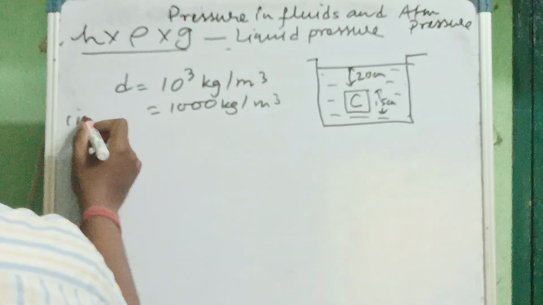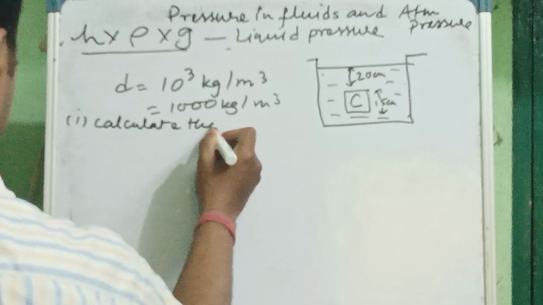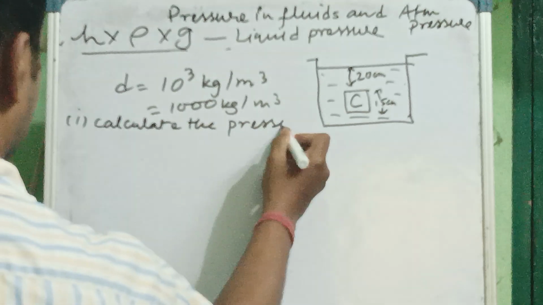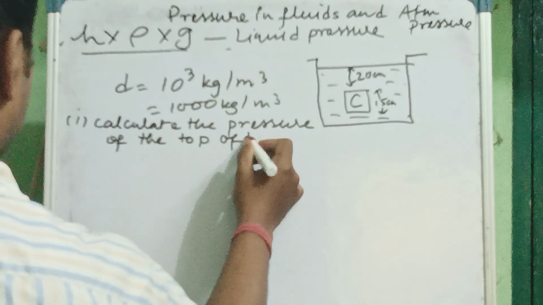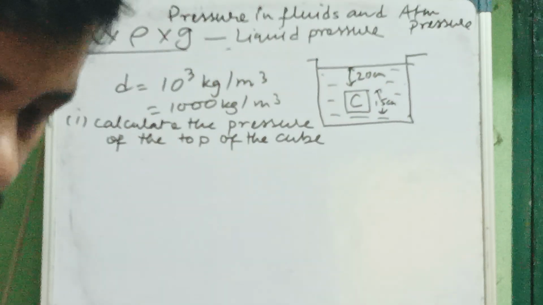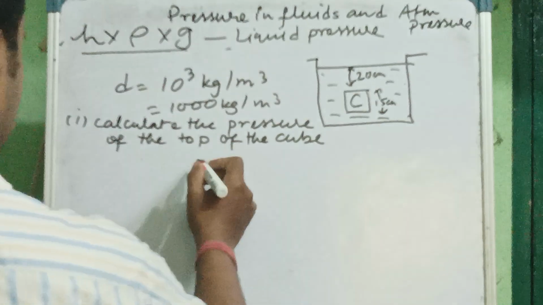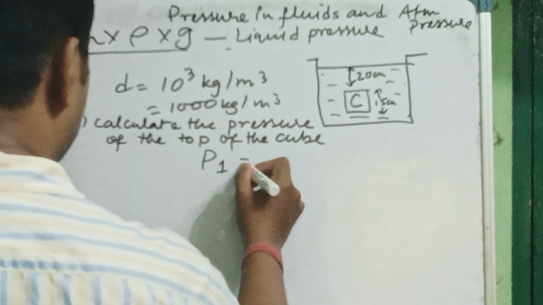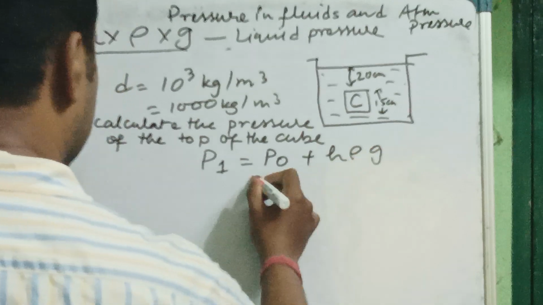First question is, calculate the pressure of the top surface of the cube. We know that we have to calculate pressure, that is the atmospheric pressure plus H rho g.